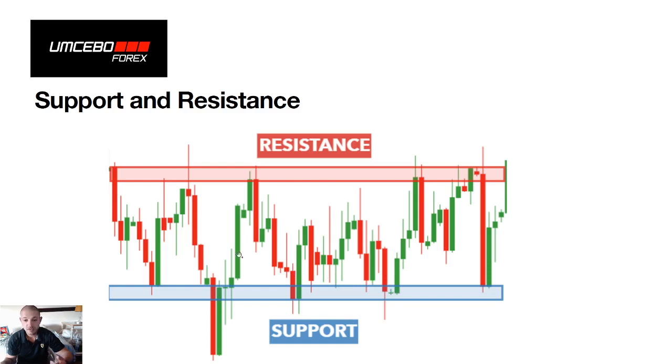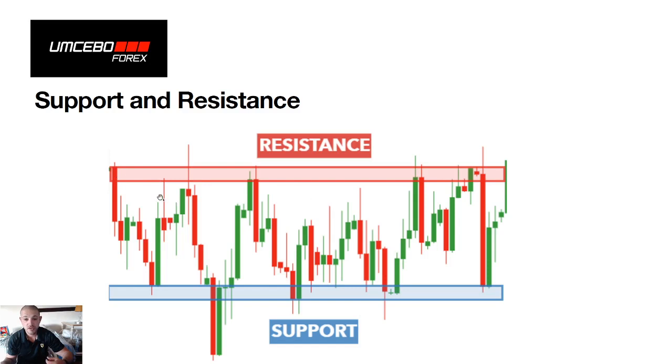It means, for example, if you have this resistance line here, because the price is below the maximum achieved price on multiple occasions, it means that every time the bulls are trying to get through this price point, there's a lot of sellers available. There's a lot of supply at this point.